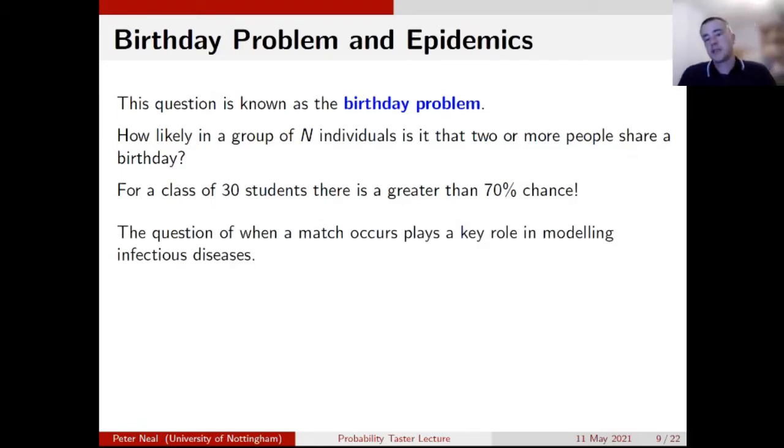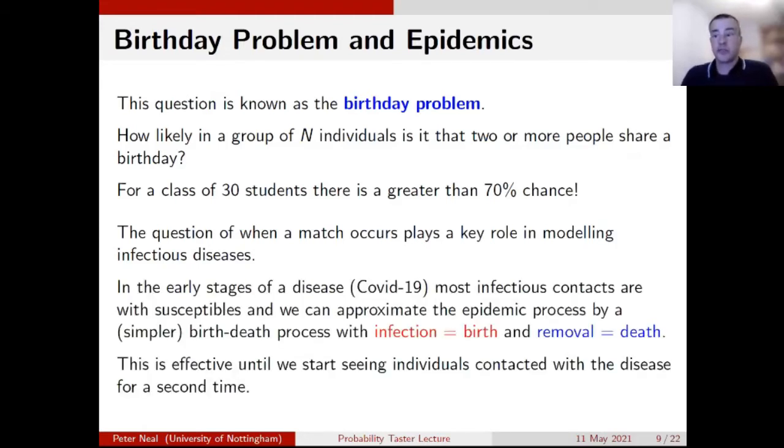Another place where the birthday problem's really quite useful is in epidemic modelling, which is something I'm interested in and has got a lot more publicity in the last 12 months or so. The birthday problem plays a key role there. In the initial stages of the disease, we can model the disease using a simpler process, which is known as a birth-death process.